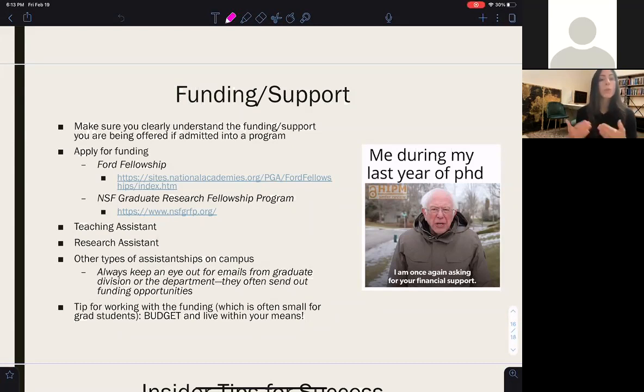Different programs will offer you different levels of support, so this is program dependent. You can also take initiative and apply for funding, either pre-PhD or in your PhD program. I listed 2 here for you that are really common.